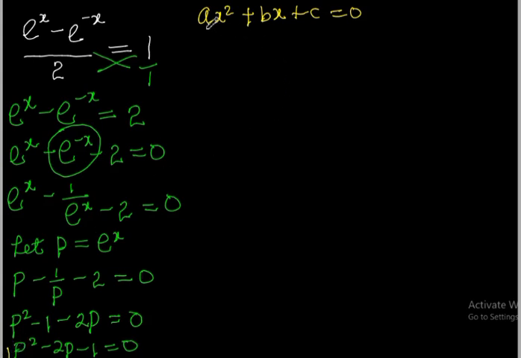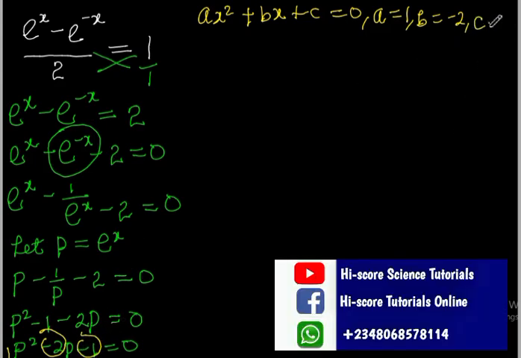In that case, our a becomes equal to 1. Our b here is this minus 2, so b is minus 2. And of course, our c is minus 1.